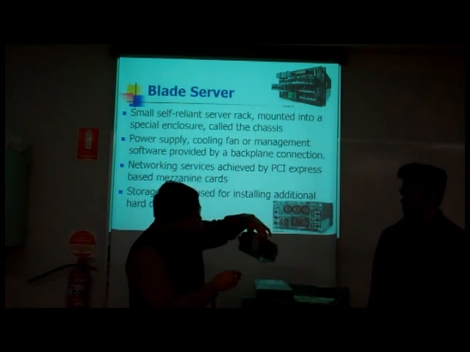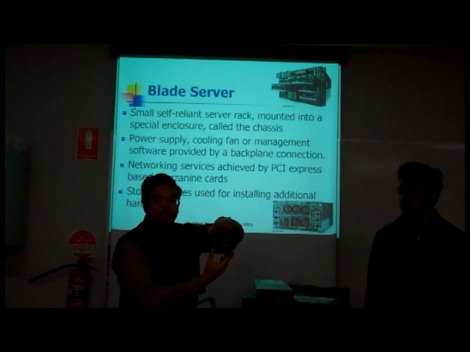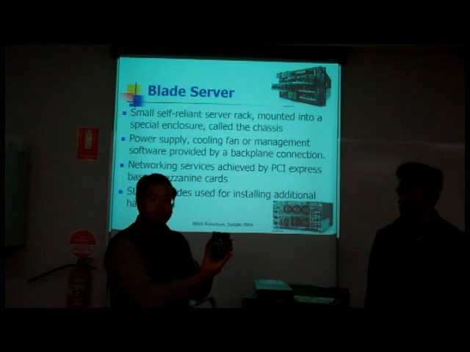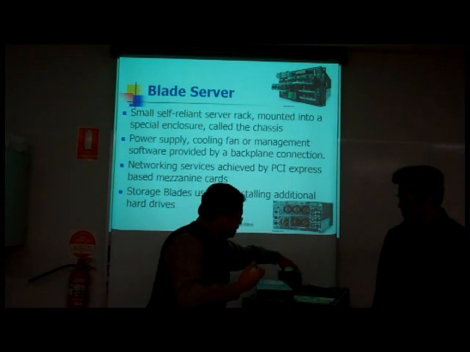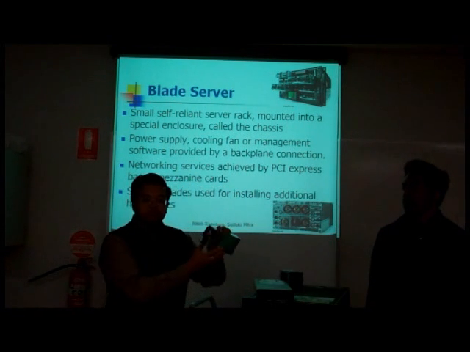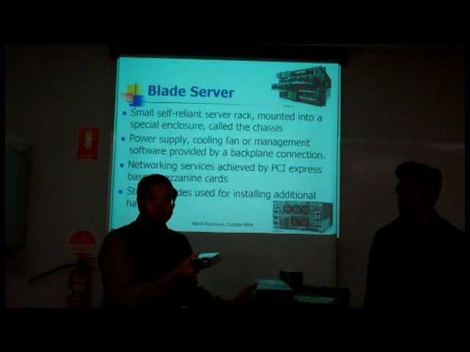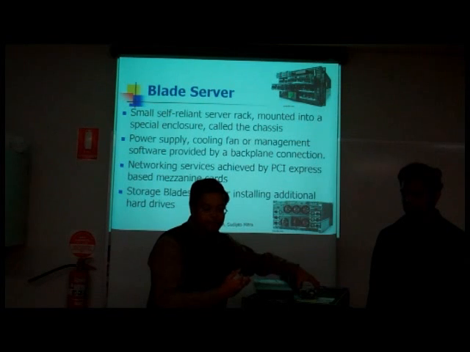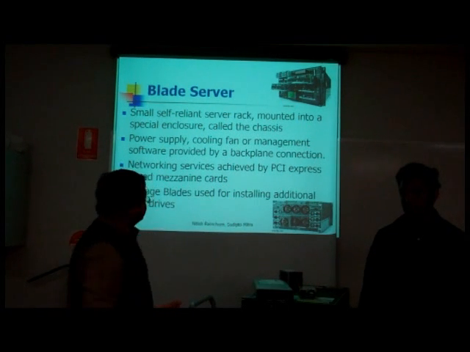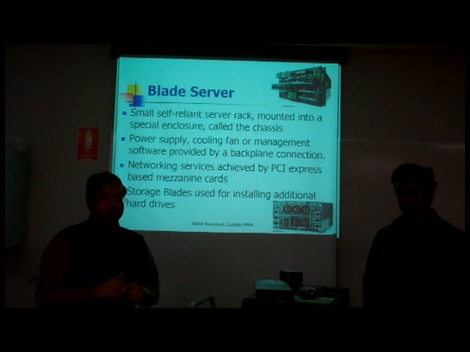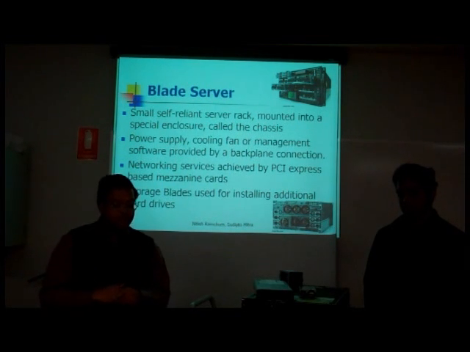That one there is a cooling fan. This particular blade has got 6 cooling fans. And that one there is the power supply. This particular blade has got 4 power supplies. All networking services are achieved by installing PCI Express cards.